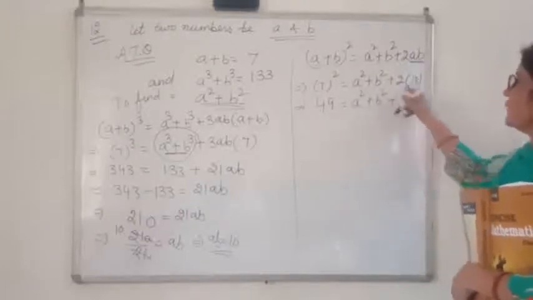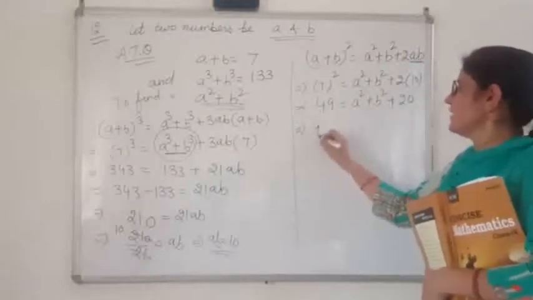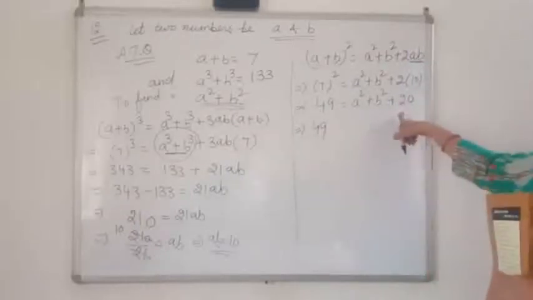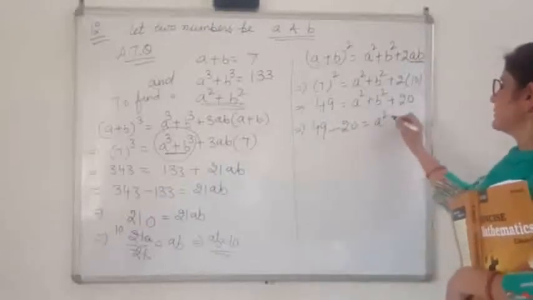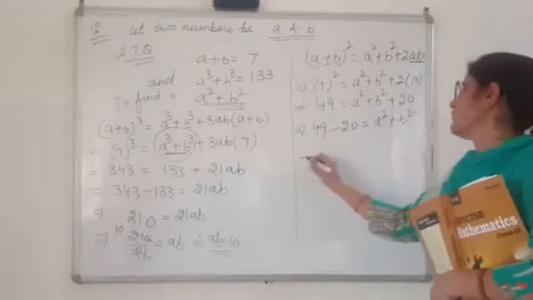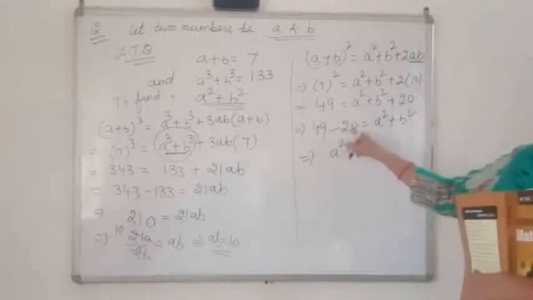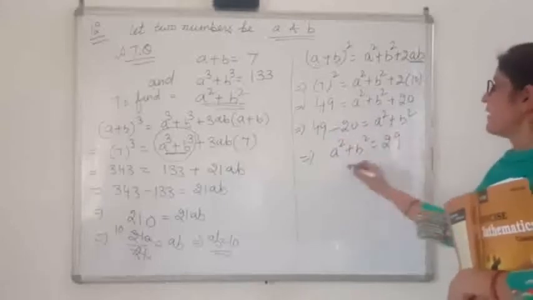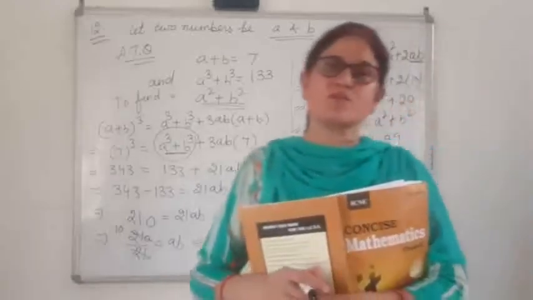And we multiply 2 with 10, so we get 20. So 49, this 20, it is in plus, it will go in minus. So the value of a square plus b square equals, we subtract them, 29. This only we have to find. So like this you can solve other sums of this exercise.